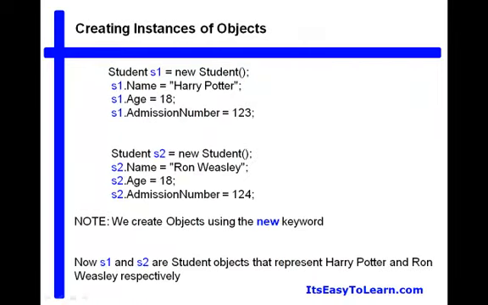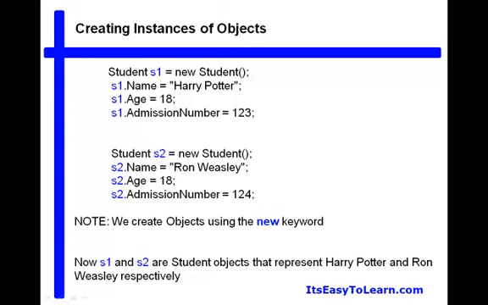Now let's create instances of an object. How do you create an instance of an object? Using the new keyword. Here I say Student S1 equal to new Student, Student S2 equal to new Student, and since we declared name, age and admission number previously as properties, we say S1.name equal to Harry Potter, S1.age equal to 18, and S1.admissionNumber equal to 123.